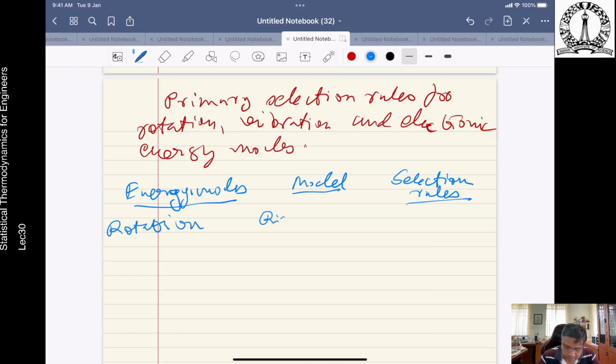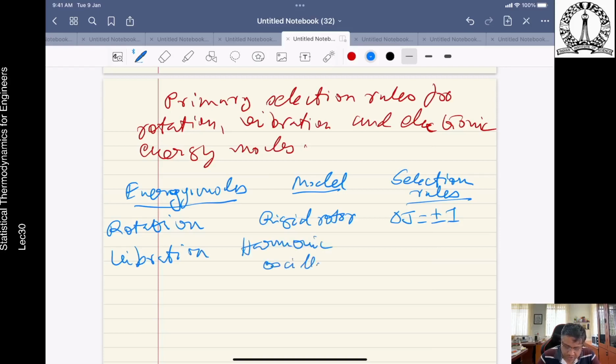The model is a rigid rotor, and the selection rule is delta J equal to plus minus 1. Then the model for vibration is called a harmonic oscillator. The Morse potential is the more apt description, but the harmonic oscillator is valid for low amplitude oscillation. So this is delta v equal to plus minus 1.